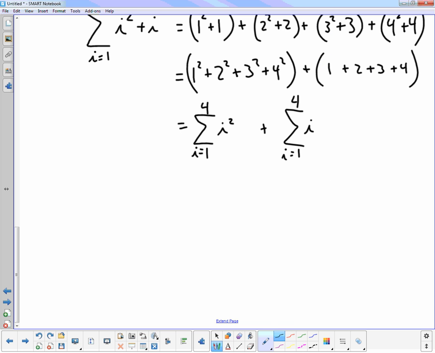Really bad abuse of notation, sigma notation distributes over addition, which doesn't sound right, but for all intents and purposes, that's what it looks like. And of course, it does the same thing over subtraction.